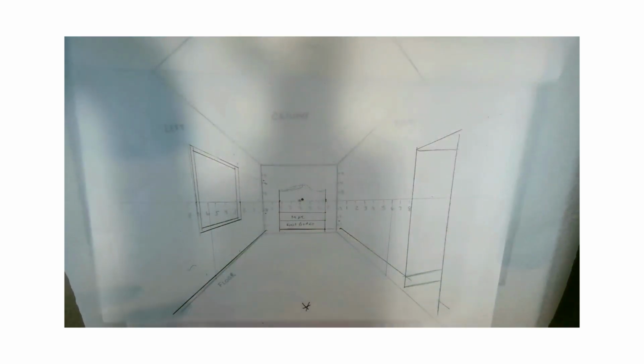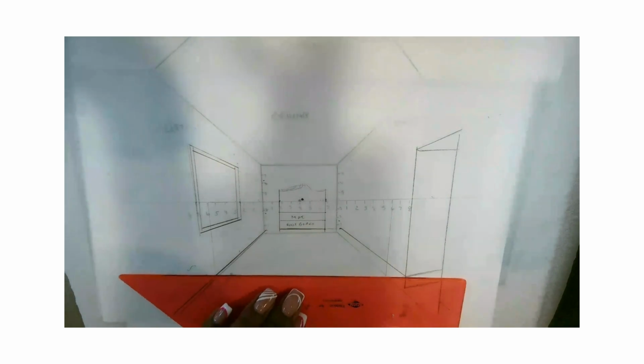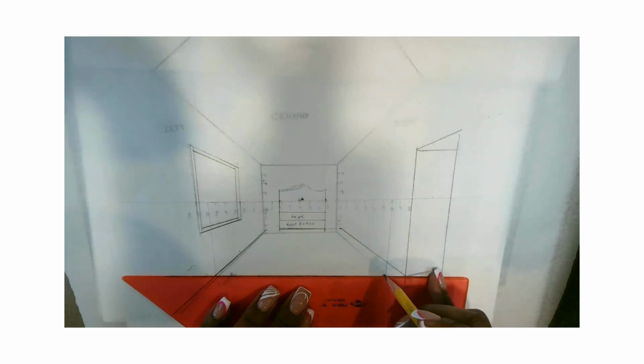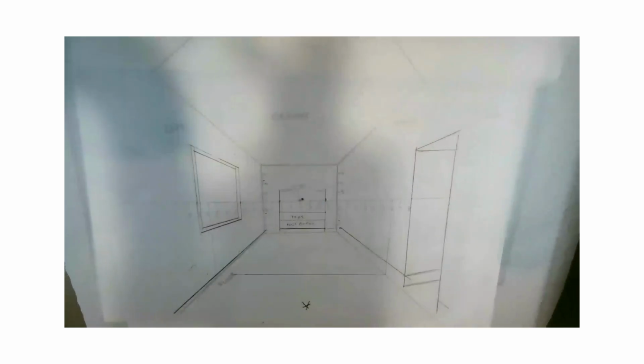And from there, I'm going to create a horizontal line directly across. Okay, this is the front of my bed, or how far it comes out into the space.